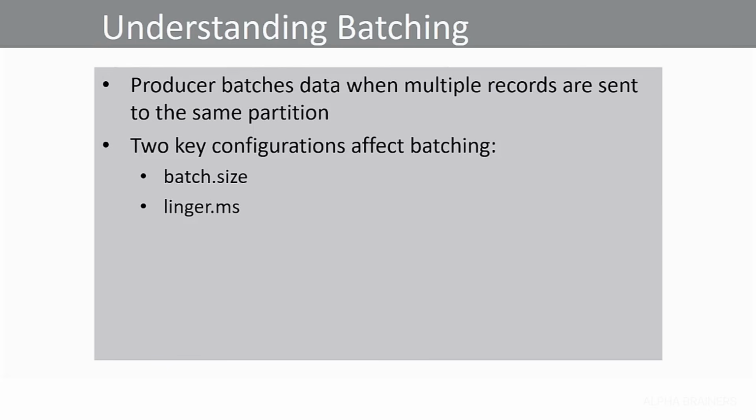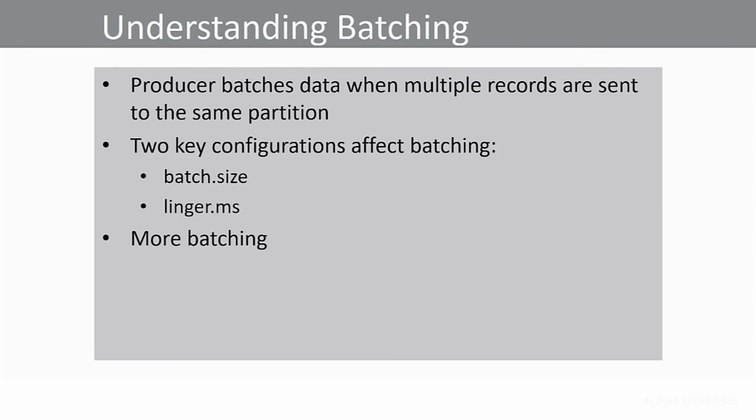Linger.ms is, in milliseconds, how long to wait until we definitely send off the batch, no matter if we reach the batch size limitation or not. If you set this to a value of 0, which it is by default, then the batch size has no purpose because it doesn't do any batching whatsoever. It just sends off information as it gets it. But if you set the batch size, then you may want to also set the linger.ms, so it doesn't sit there waiting until it reaches a certain size before it sends off the batch.